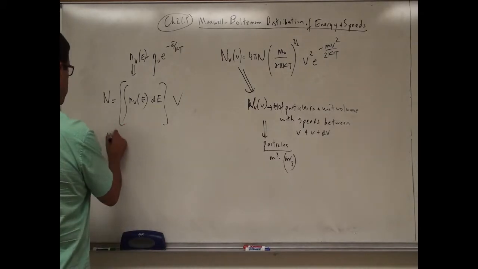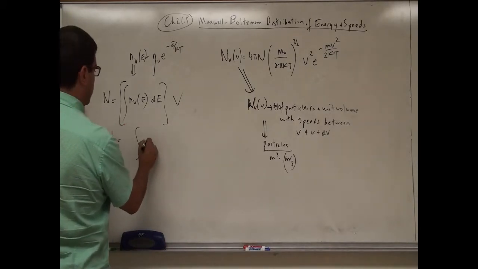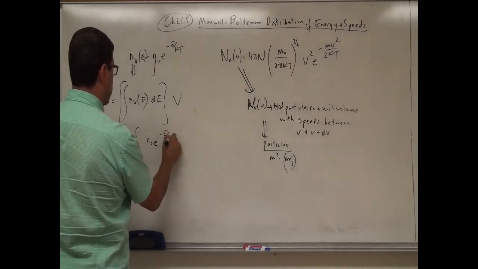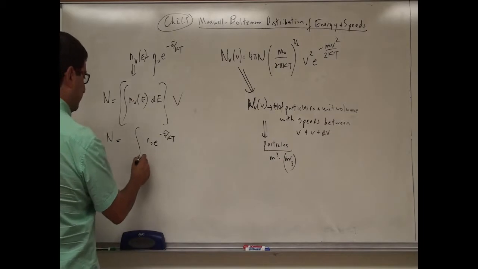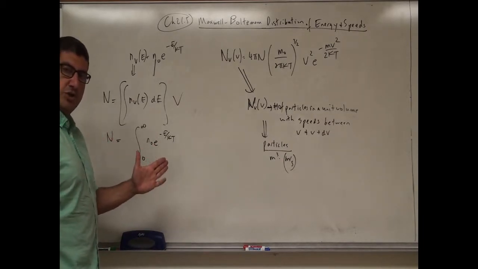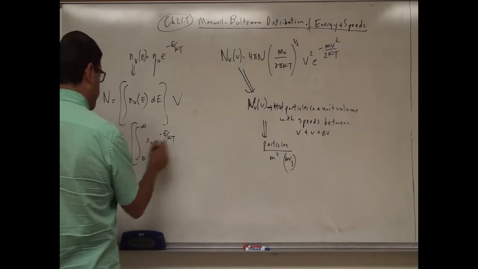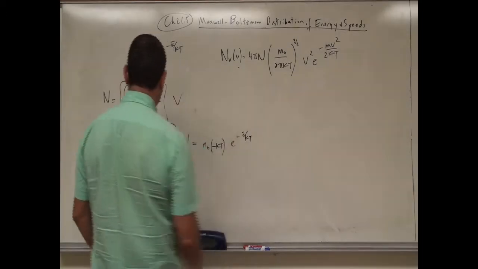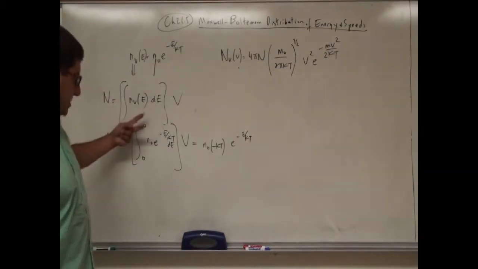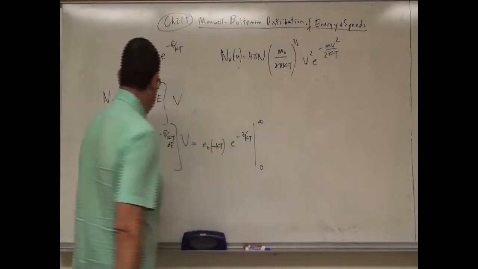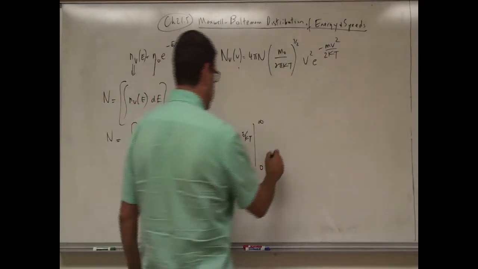So what would happen here? If I integrate that, you would get N0 e to the minus E over kT, from 0 to infinity, between the energy of 0 and infinity, dE, right? It's going to come out as a reciprocal. Then you have it from 0 to infinity times the volume.